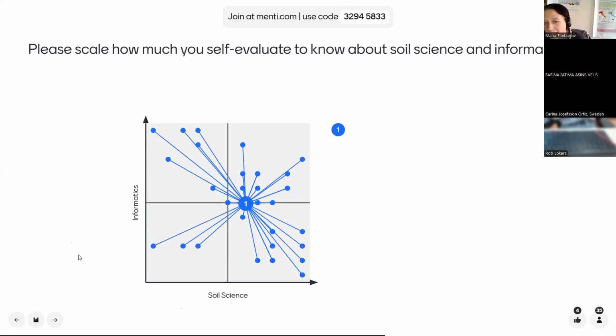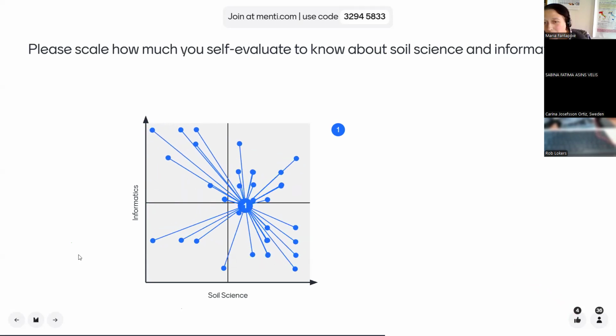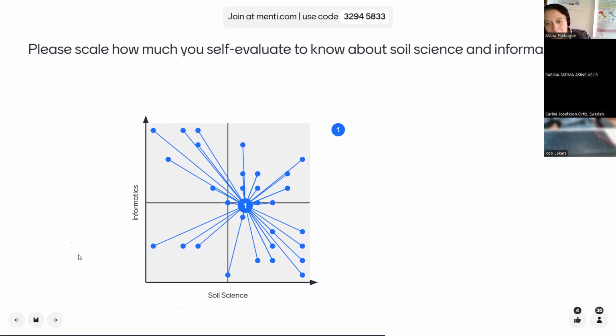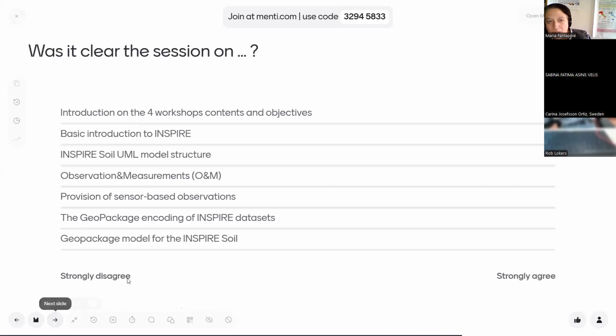Okay, so from my point of view, we have quite a good situation also on knowledge about informatics, because we are near to being at the middle of the screen. So, okay, good.